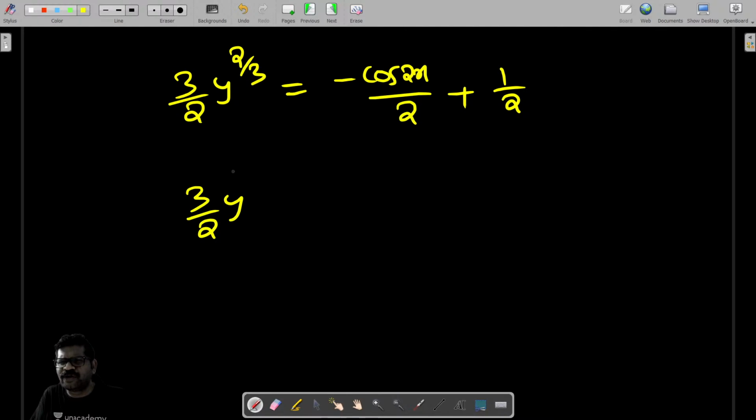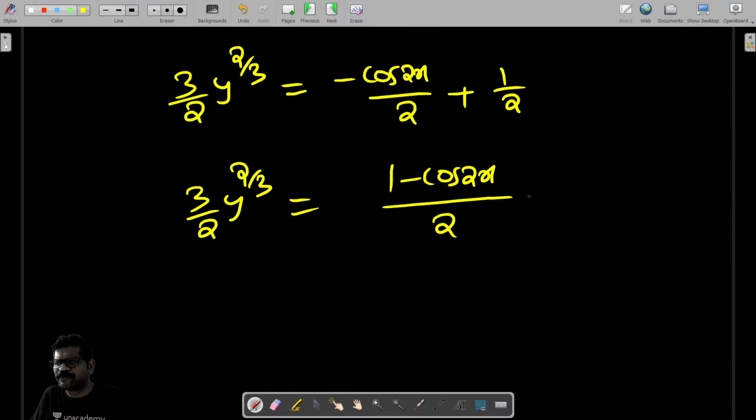Now continuation. 3 by 2 into y power 2 by 3 equal to 1 minus cos 2x by 2. 1 minus cos 2x by 2 is nothing but sine square x. Here 1 minus cos theta can be written as 2 sine square theta/2, that is 2 sine square x by 2.